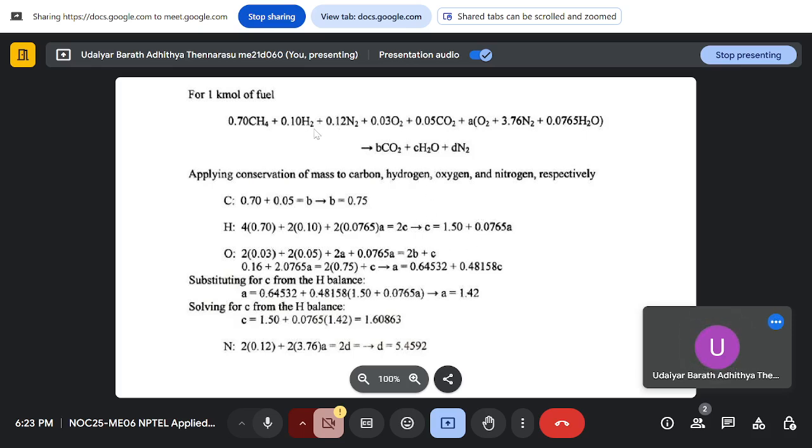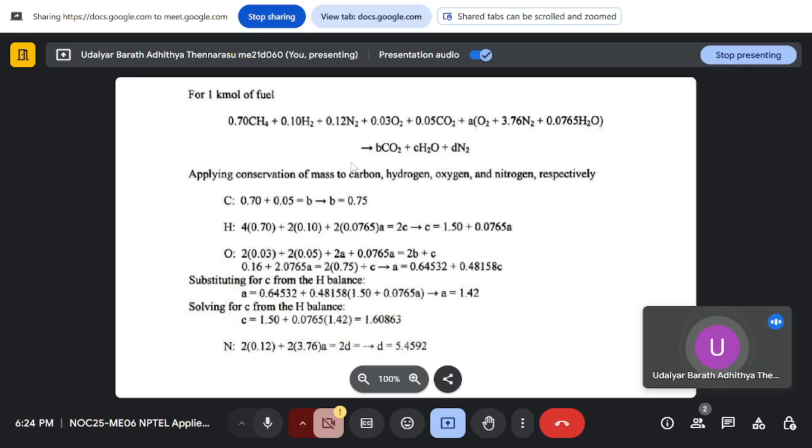Next we'll do an oxygen balance. So 2 into 0.03 plus 2 into 0.05 for our carbon dioxide, plus 2 into A for the oxygen in air, and 0.0765A for water.